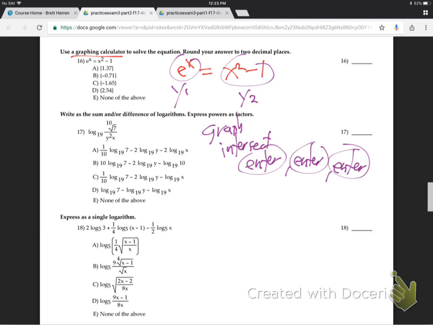So put in for y1, put in for y2. So y1 is e to the x, and y2 is x squared. Graph them.